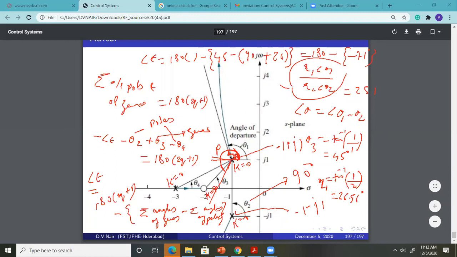Let us check that everything is correct. What we are doing is, the total has to be this much, minus the angles made by the open loop poles and zeros. Zeros are making positive and poles are making negative, right? Everything is correct. Okay, 251. Let us go with this.